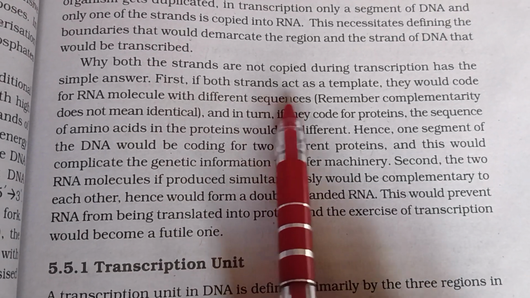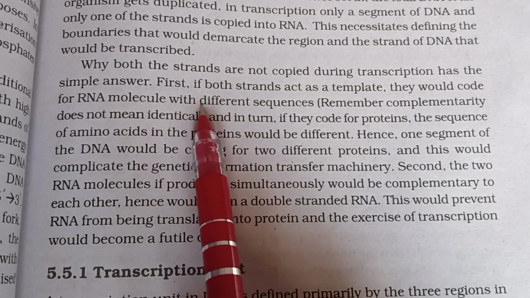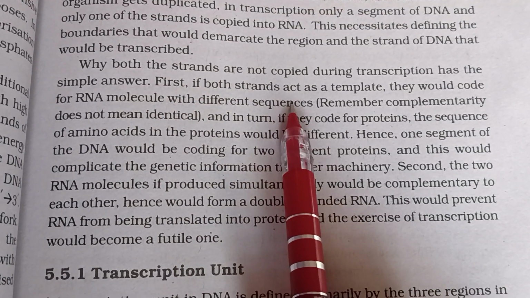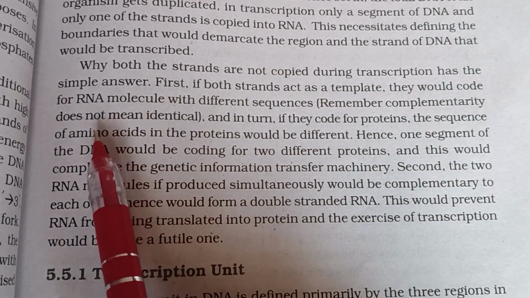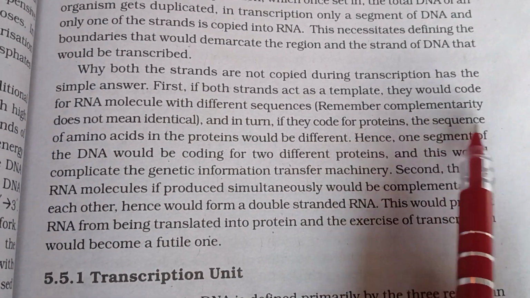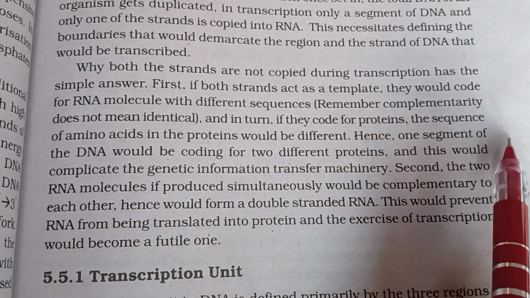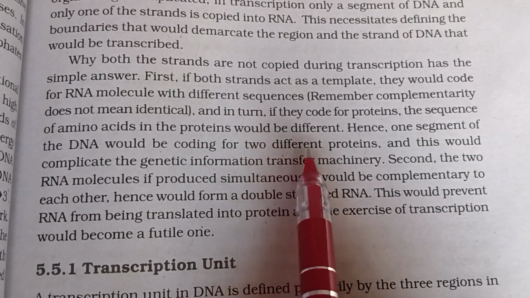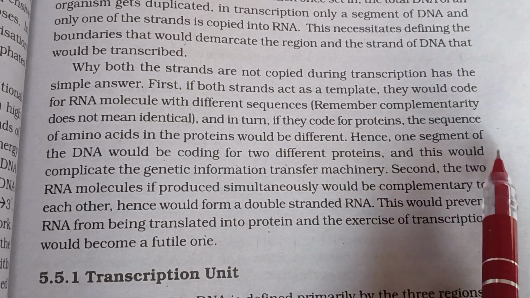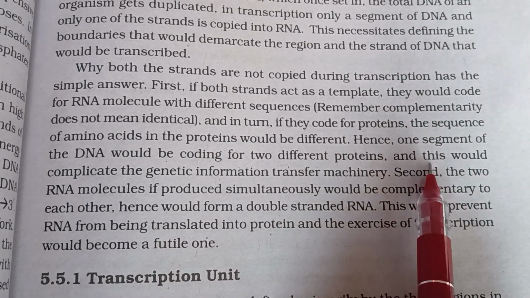First, if both the strands act as a template, they would code for RNA molecules with different sequences. Remember, complementarity does not mean identical, and in turn if they code for proteins, the sequence of amino acids in the proteins would be different. Hence, one segment of the DNA would be coding for two different proteins, and this would complicate the genetic information transfer machinery.